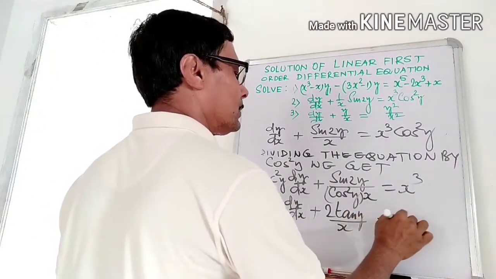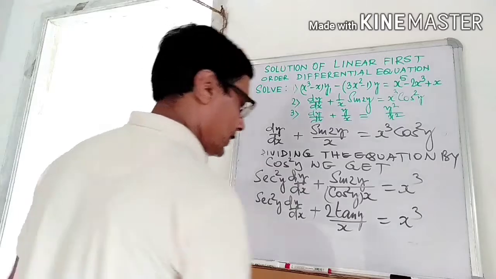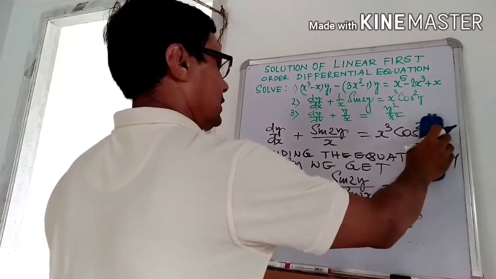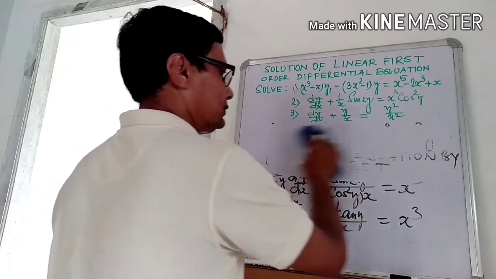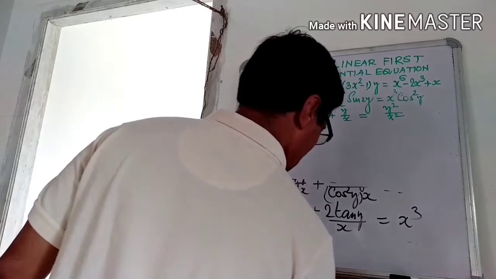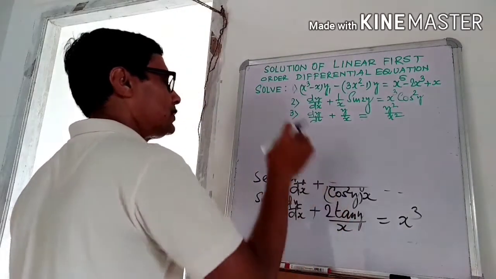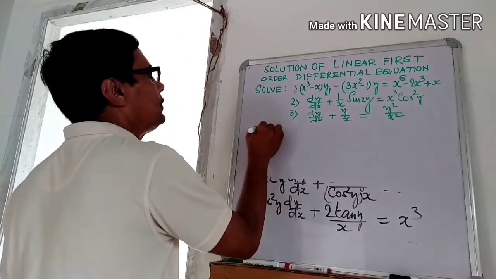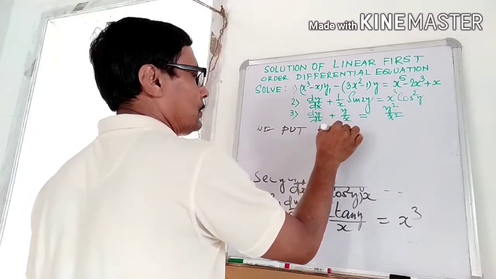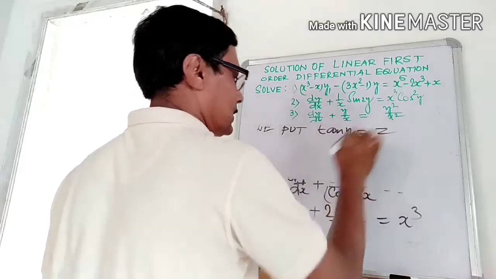equal to x cube. Now we can substitute tan y as z. We put tan y equal to z.